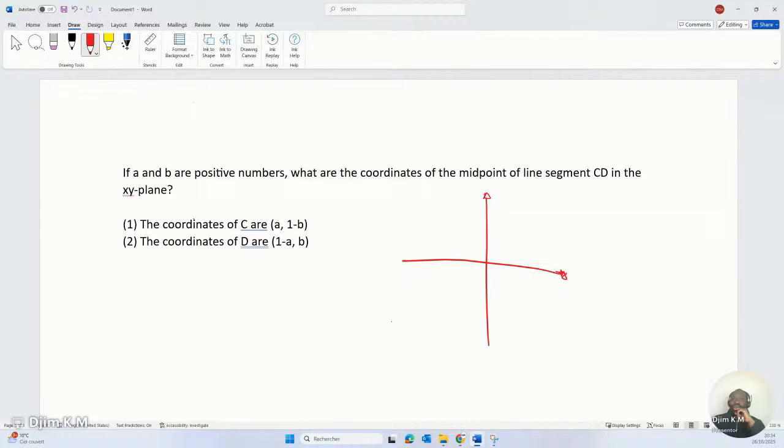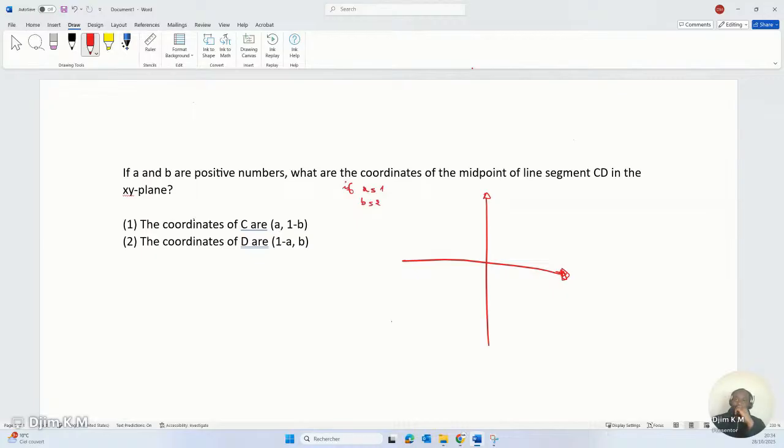We don't know the value of A. And Y is 1 minus B. B is also positive. Let's say, for example, A is equal to 1, B is equal to 2.